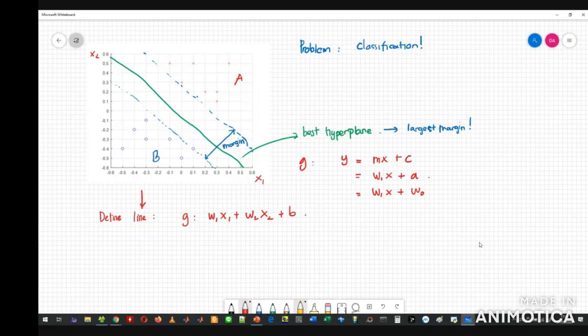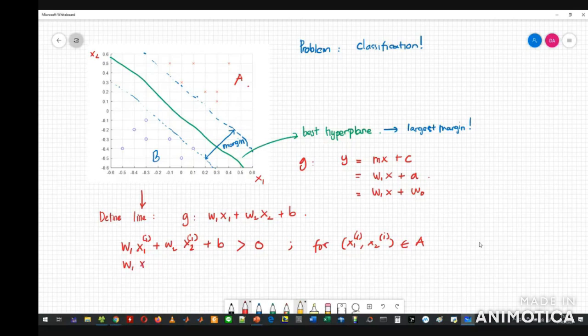To separate that, we define that if x1 and x2 belong to class A, then w1 x1 plus w2 x2 plus b is positive.